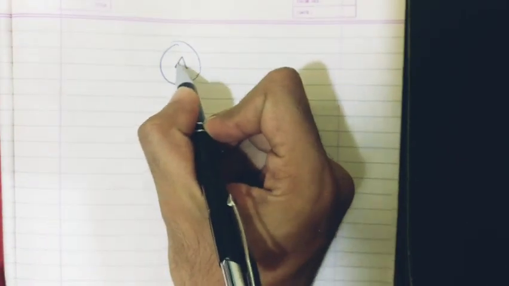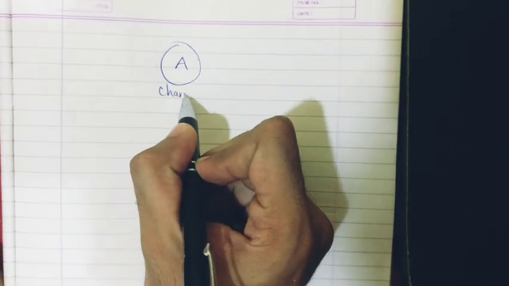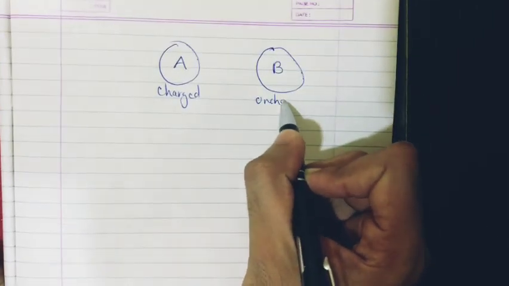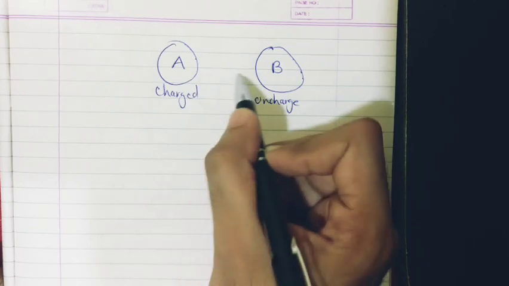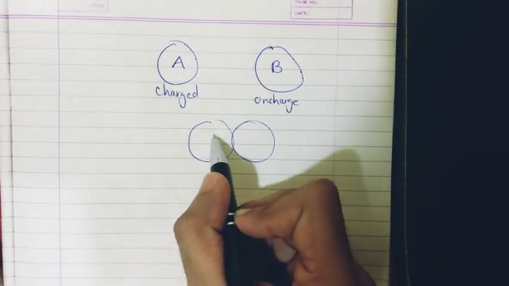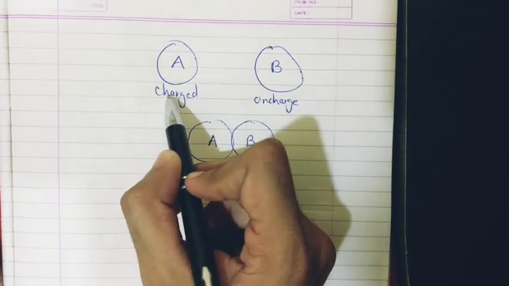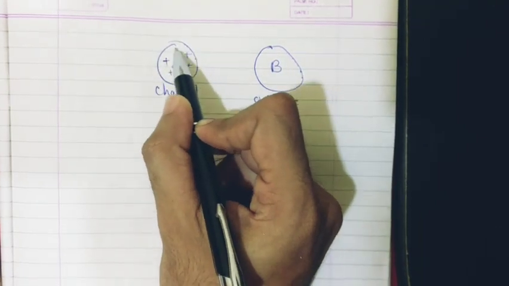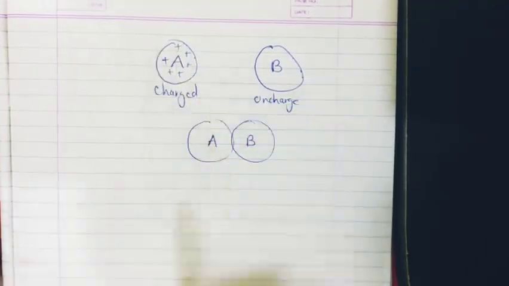Supposing I take sphere A which is charged and another sphere B which is uncharged, and I get them in contact with each other. So I touch them together, A and B. Supposing sphere A is positively charged, there are positive charges over here.